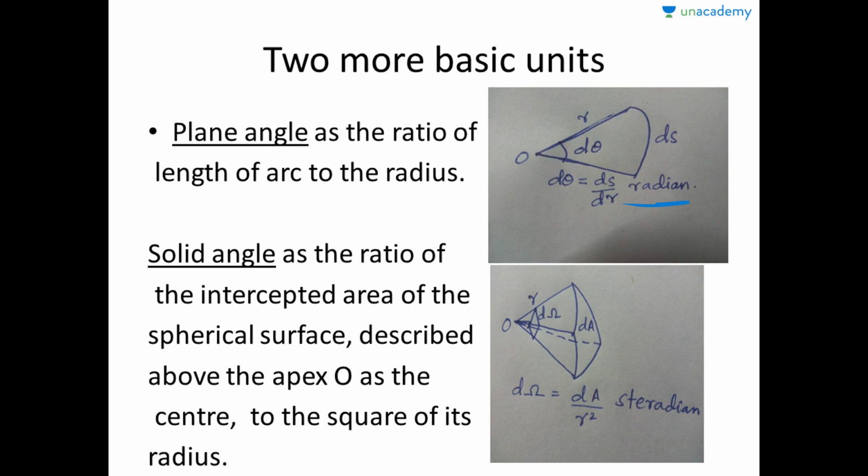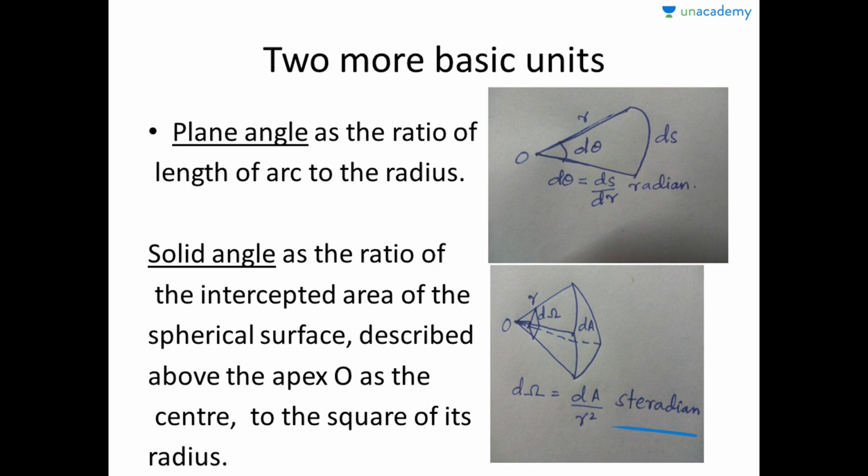Coming to solid angle, it is the ratio of the intercepted area of the spherical surface described above the apex O as the center to the square of its radius. This is dΩ equal to dA by r squared.